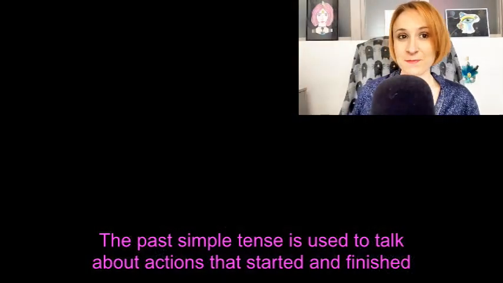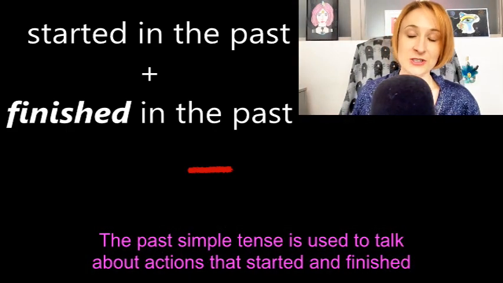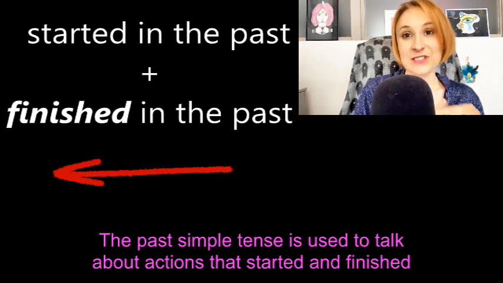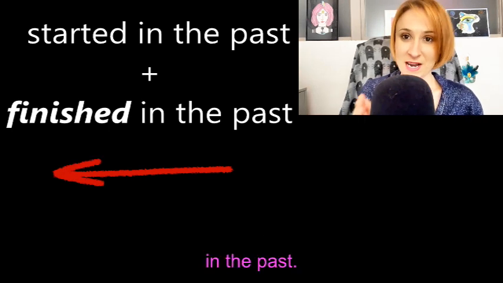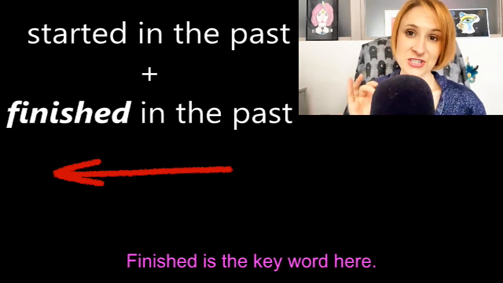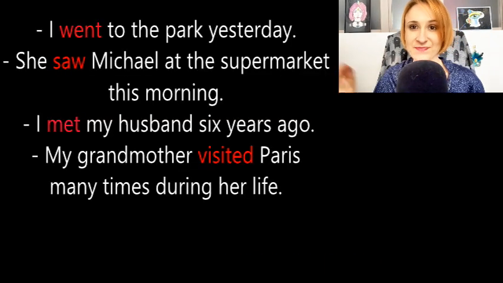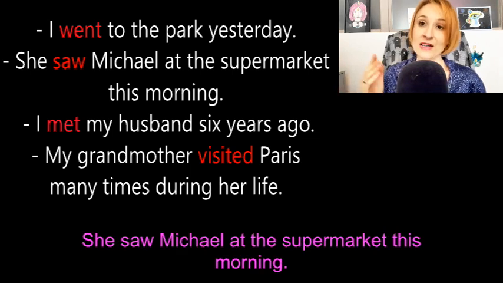The past simple tense is used to talk about actions that started and finished in the past. Finished is the key word here. Take a look at these examples. I went to the park yesterday. She saw Michael at the supermarket this morning.